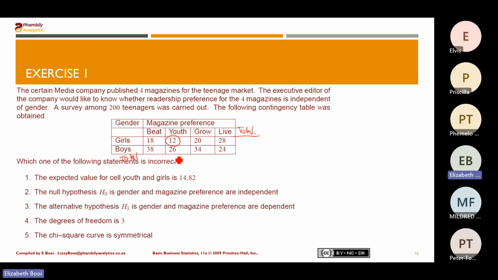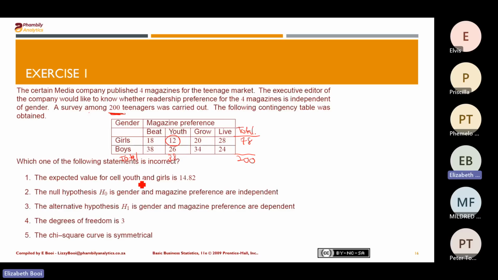So 2 plus 6 is 8, and 3, therefore it's 38. And I know that the grand total is 200 because they told me that they interviewed 200. For girls, 18 plus 12, this one needs a calculator. It's 30, plus 20 is 50, plus 28 is 78.